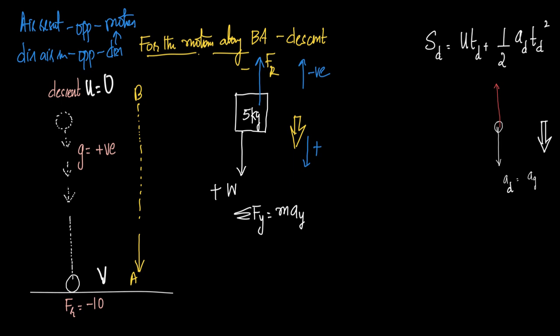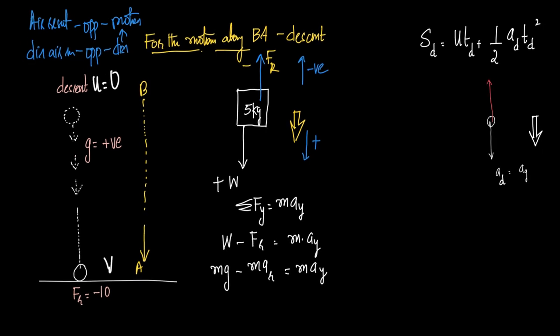So if we write this as an equation, W minus Fr is equal to m into Ay. What is W? It is mg. What is Fr? It is m into Ar.